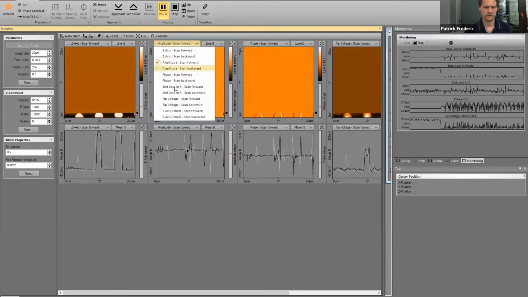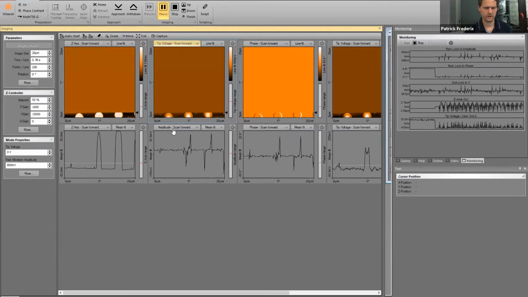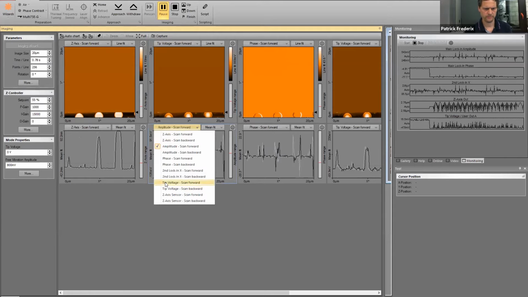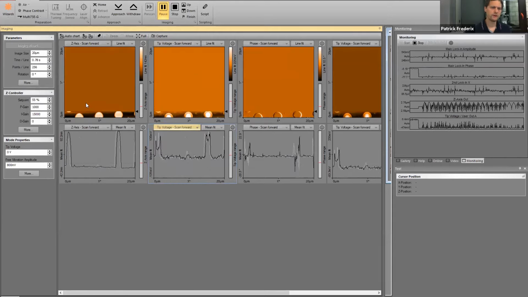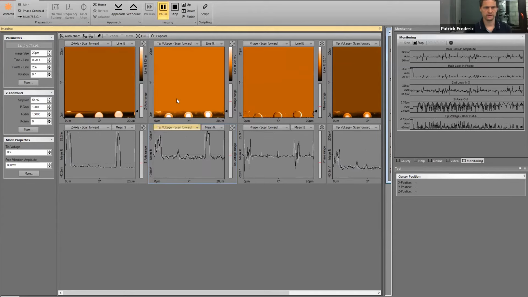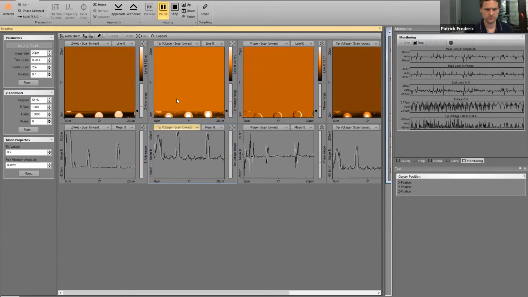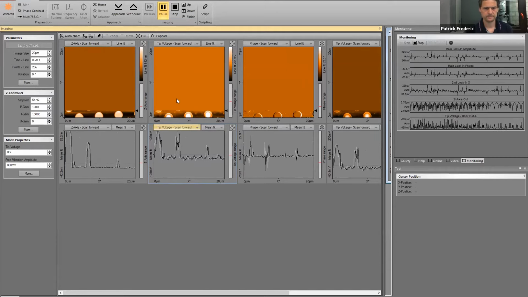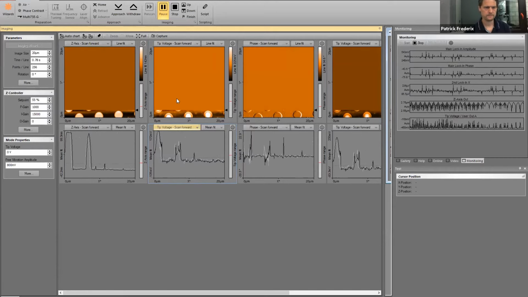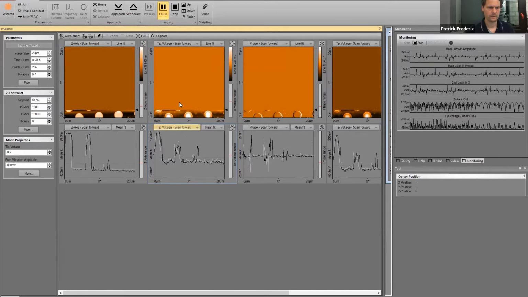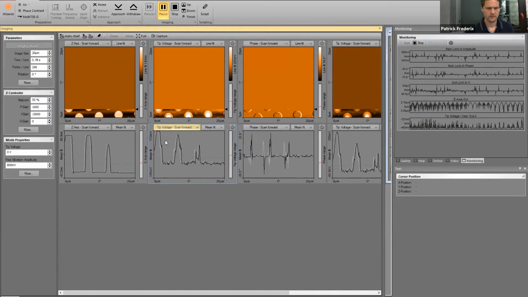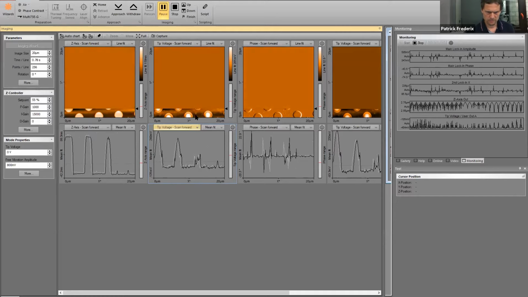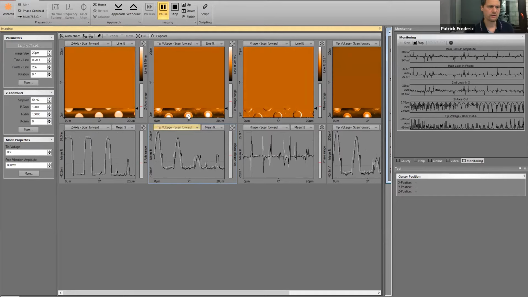So let me put the tip voltage here so that I have it next to the topography. And now I can look at how topography and tip voltage correlate. You see there is a bit darker background between the dots.